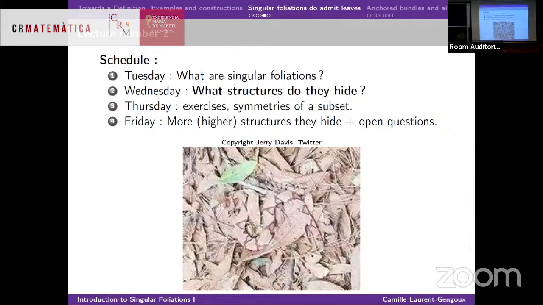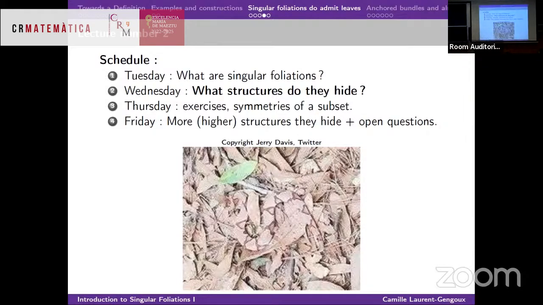So yesterday we had a long discussion about what is a singular foliation. And today I'm going to show you the hidden snakes, because now you know that there is a snake hidden under these leaves. It's there.